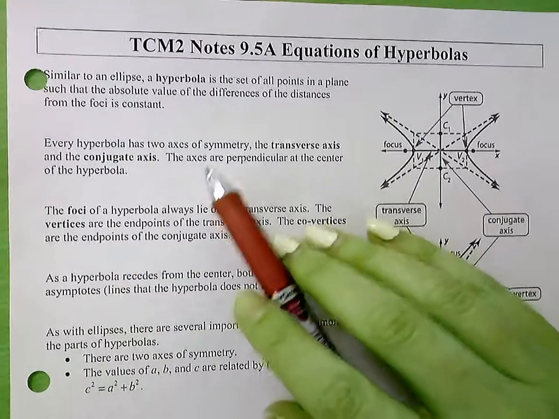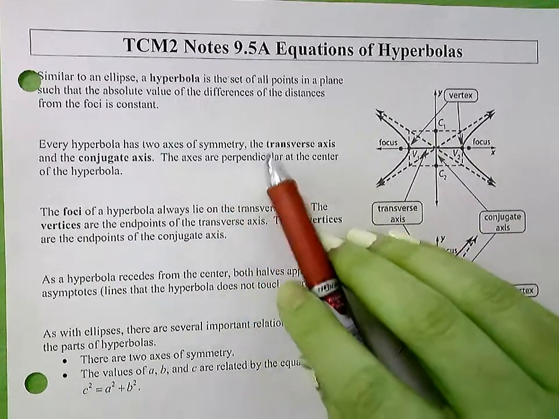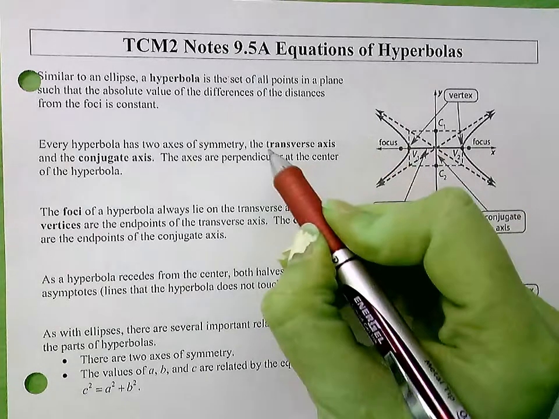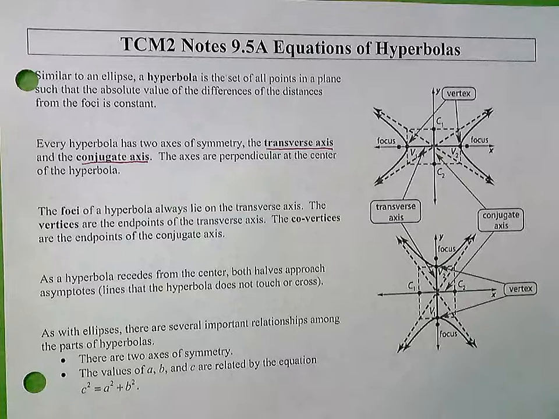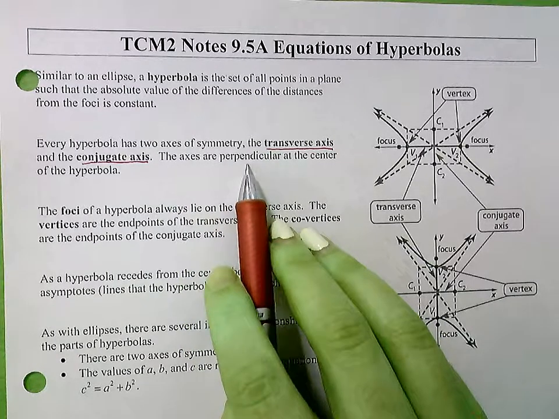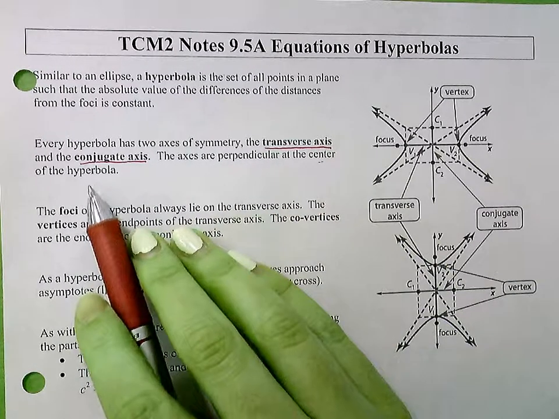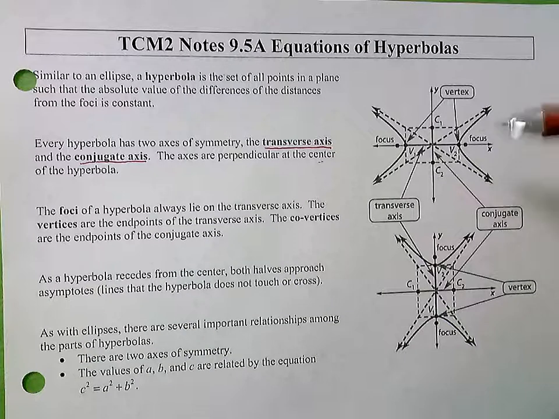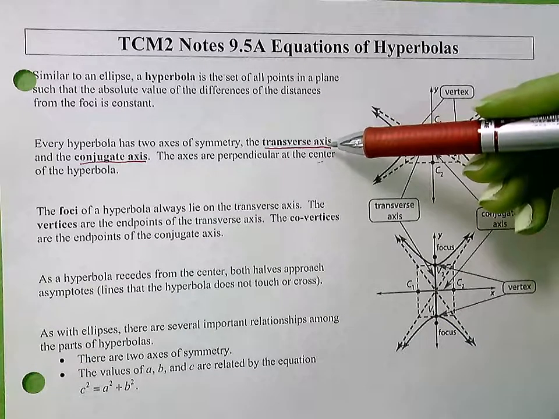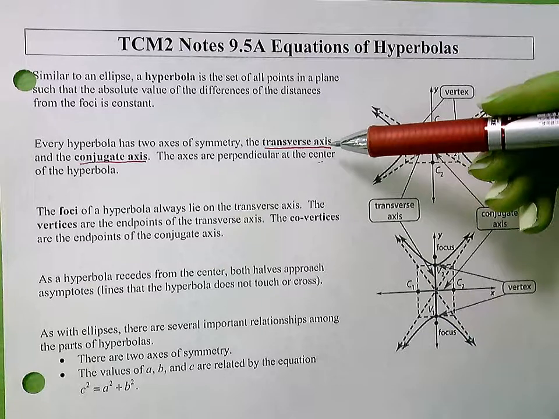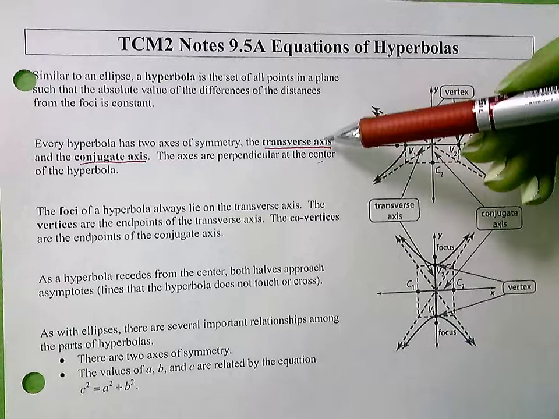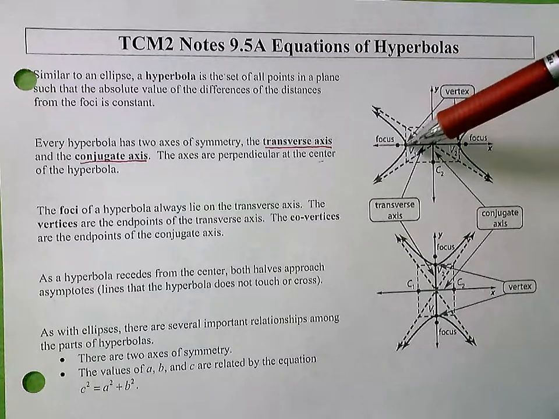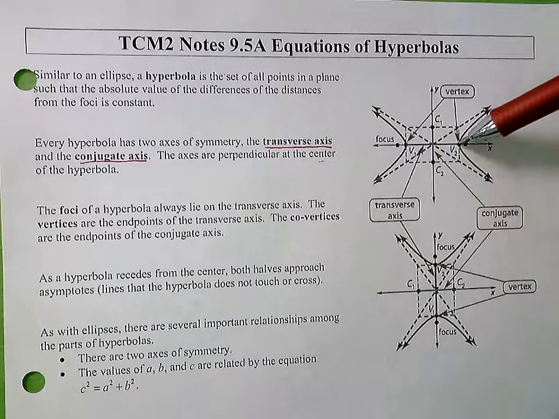Every hyperbola has two axes of symmetry, the transverse axis and the conjugate axis. These axes are perpendicular at the center of the hyperbola. Okay, so your transverse axis goes from your vertex points.